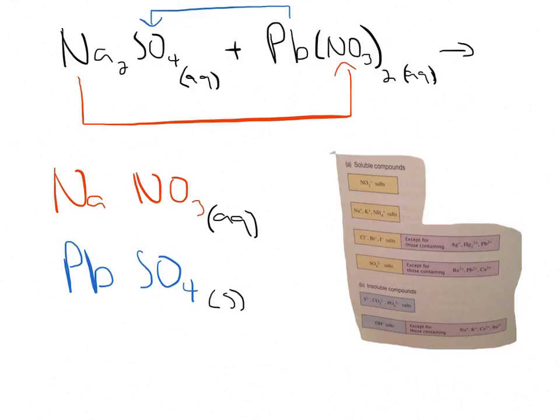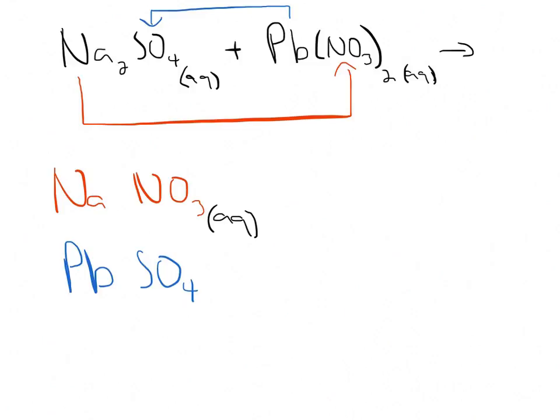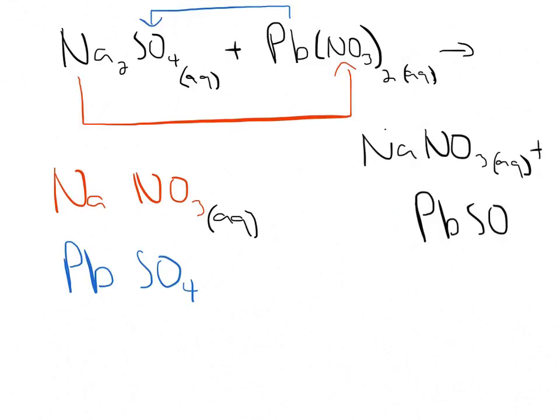And so we now can write our final reaction as NaNO3, sodium nitrate, aqueous, and solid lead(II) sulfate.